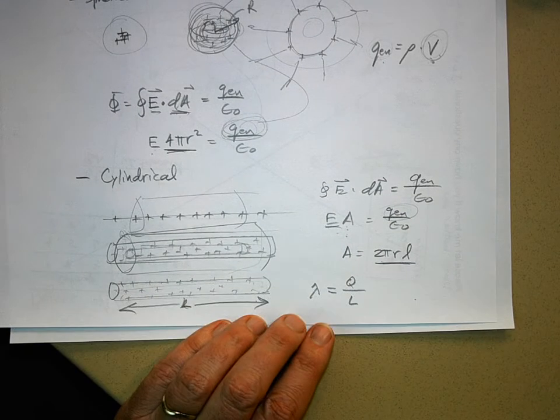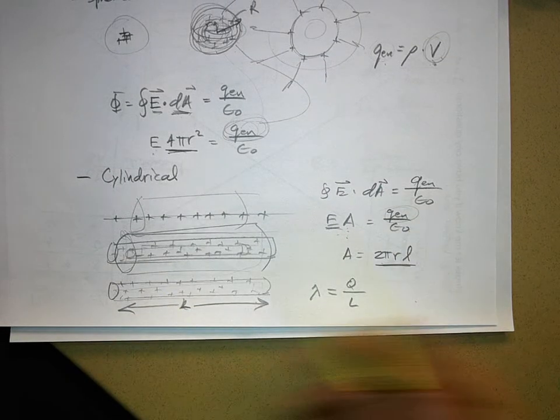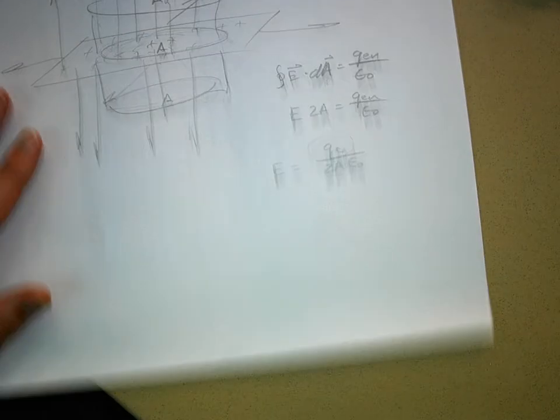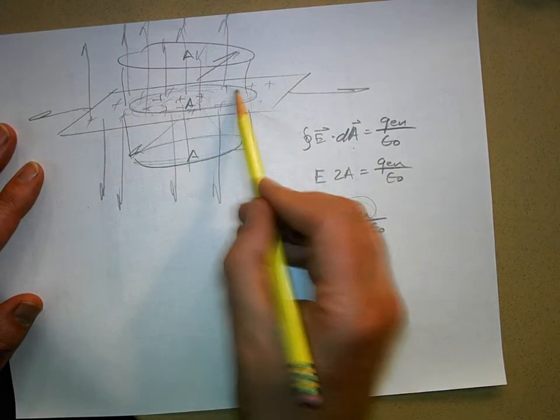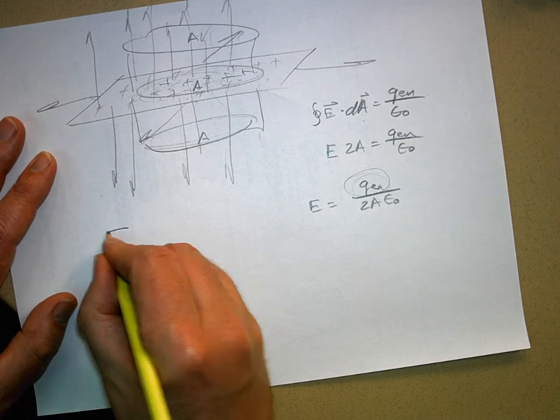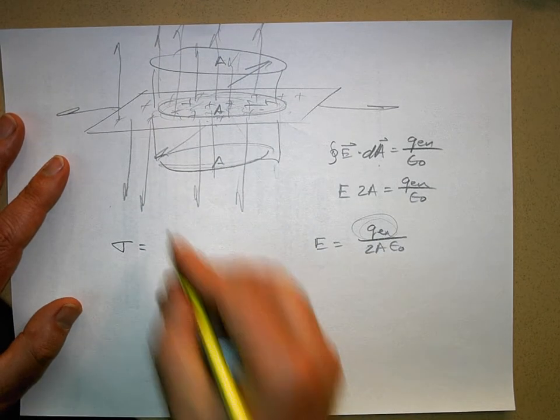So if you want to know how much charge is enclosed, well, use that. And then over here, well, this is charge smeared over an area. So we call that charge density sigma, which is the charge divided by the area.